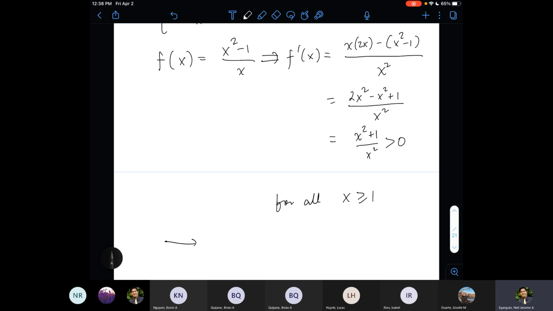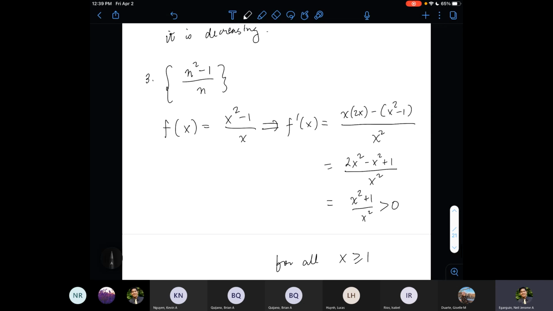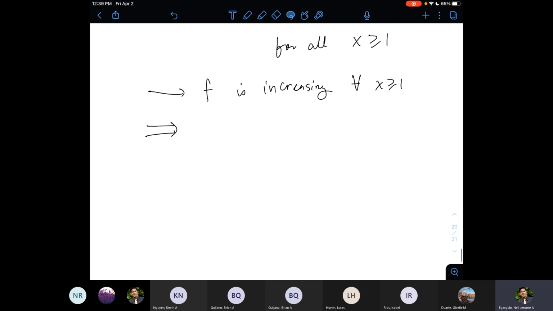Remember from Cal 1, a positive derivative means f is increasing. Since f is increasing for all x greater than or equal to 1, and again, you can be more general in your statement. You can say that f is increasing for any value of x, right? But here I'm only interested in all x's greater than or equal to 1. Then that means the sequence, which is a smaller version of the real valued function, is also increasing.